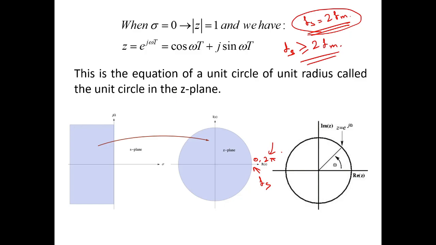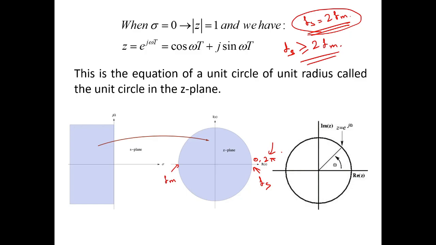Sampling frequency is always put at 2 pi. And at the lower critical limit 2 of fm. So where will fm be? fm equals fs by 2, which is the lower critical limit. So where should fm be in the lower critical limit? It should be at pi, because fs is at 2 pi, your fm is at pi.